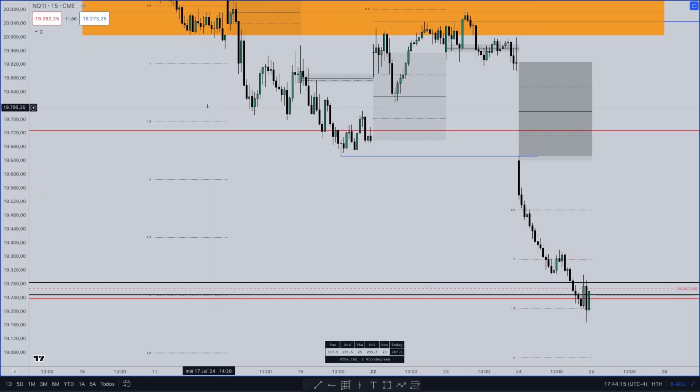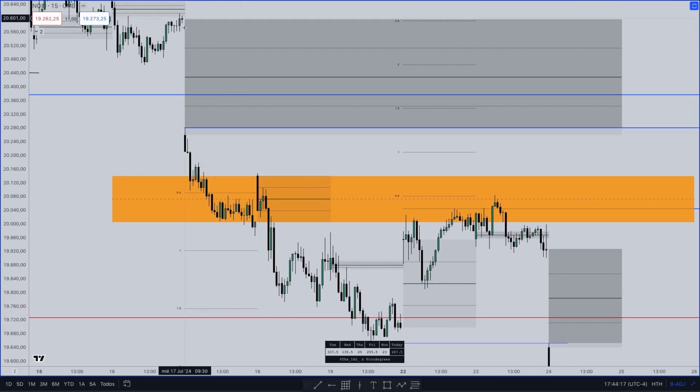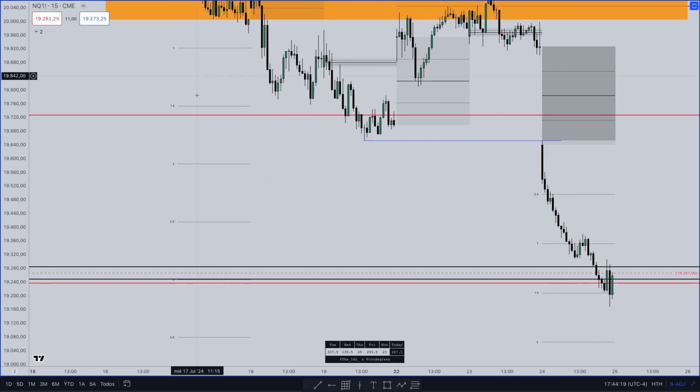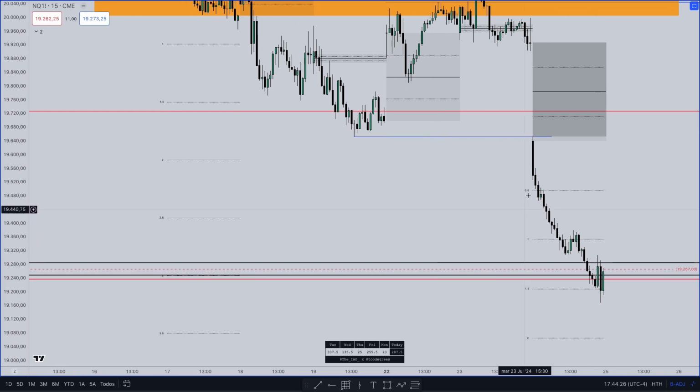So look, from this gap here we have 3 standard deviations aligned, and we have 1.5 standard deviations from today's regular trading hours gap.